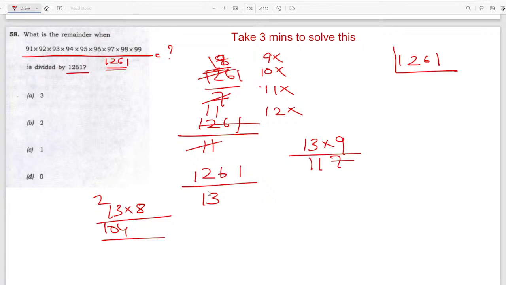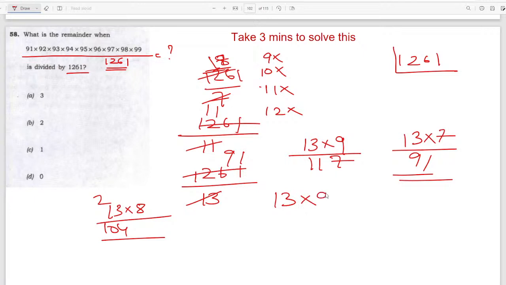Then 13 sevens are 91. So 13 into 97 gives you 1261.